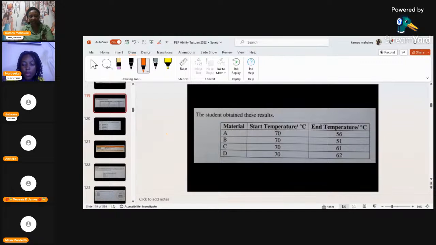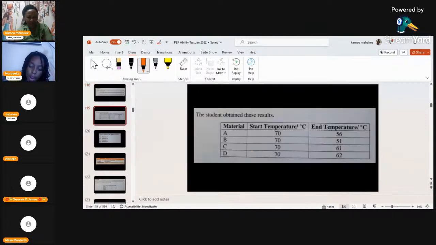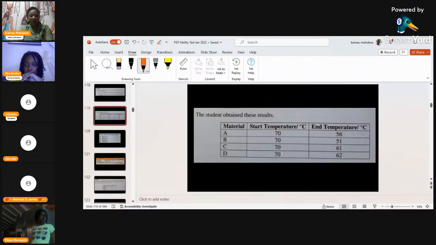Thank you, Genesis. So the student is testing to see which material will hold the heat of the soup better, will keep in the heat, right? It said the student wanted to determine which material could keep the soup warm for the longest time. So the four different materials, she placed the soup in material A, B, C, and D. All of them have the same starting temperature because it's the same soup, 70 degrees Celsius.